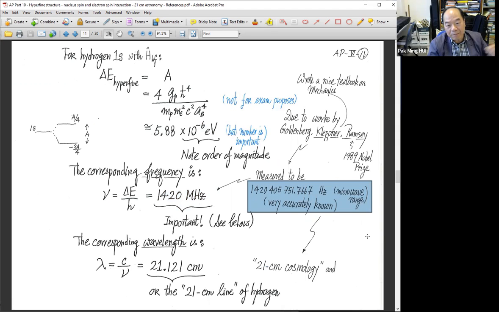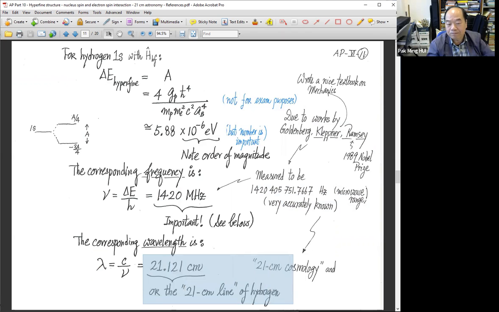Okay, and this number, as I told you, was first measured very accurately by this group, and then the Nobel Prize was awarded. Now, it is an important number to remember, actually, because when you turn it into a wavelength, this transition, the EM wave that comes out, has a wavelength of 21 centimeters.